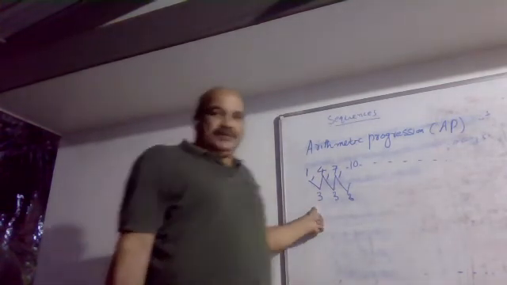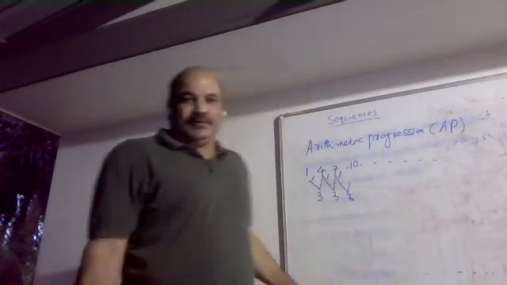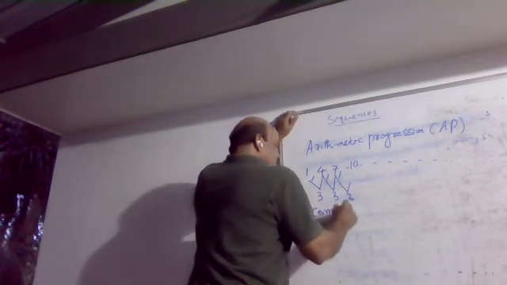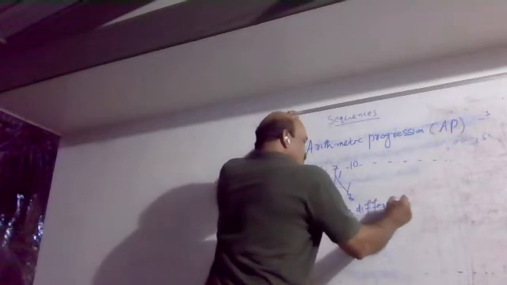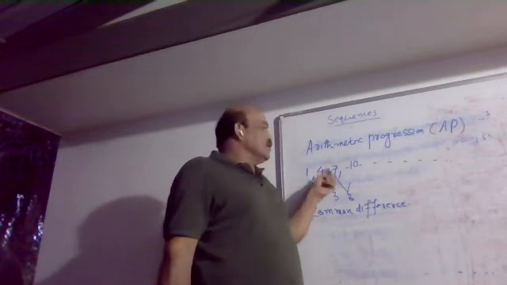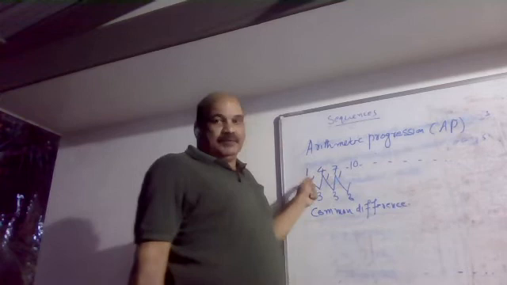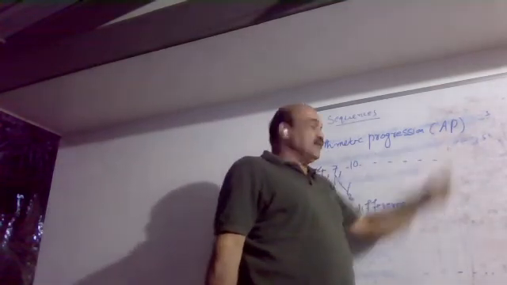That constant is called the common difference. So if each term of a sequence is obtained by adding a fixed number to the preceding term, it is called an arithmetic progression.